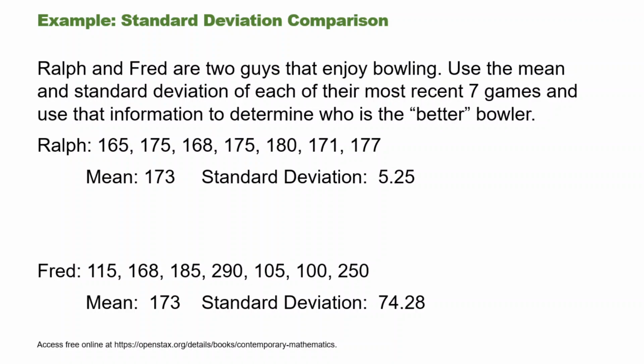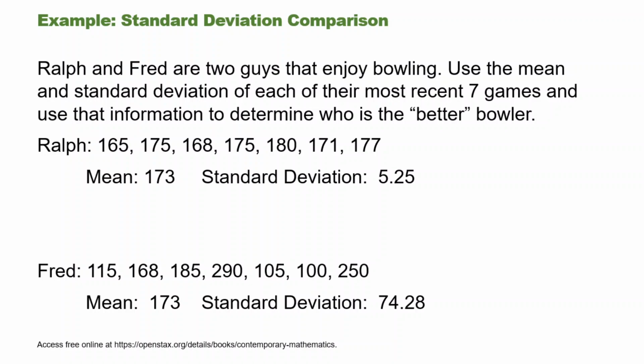It tells us that Ralph, while his mean is 173, has scores that tend to be closer to 173 than Fred. As we see, Fred's standard deviation is 74. So a typical game for him would be 74 points above or below the mean of 173. Whereas Ralph we are expecting to be within 5 points of 173.